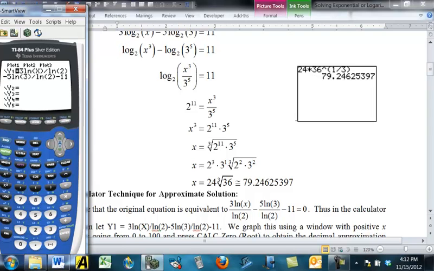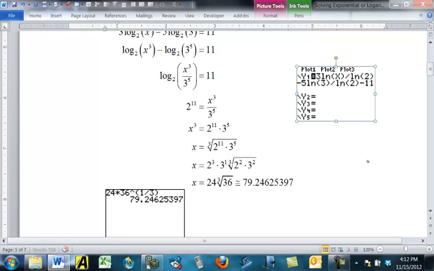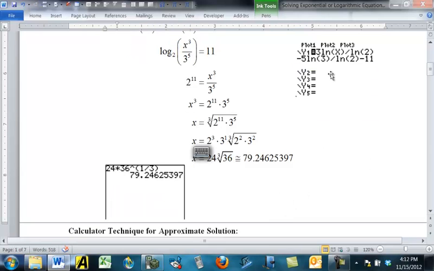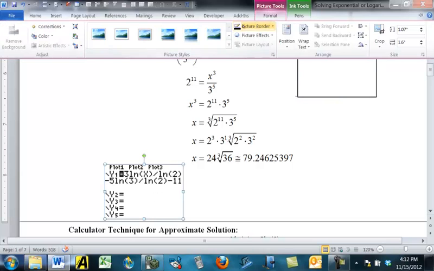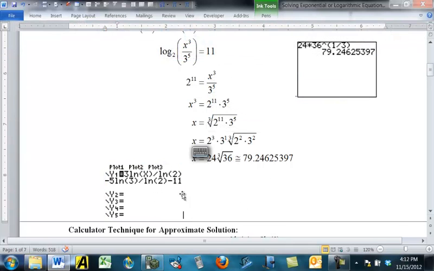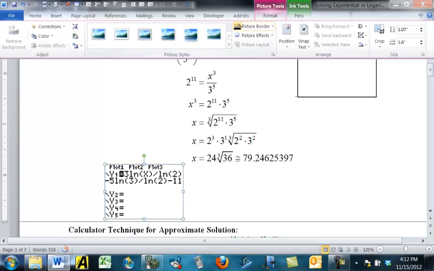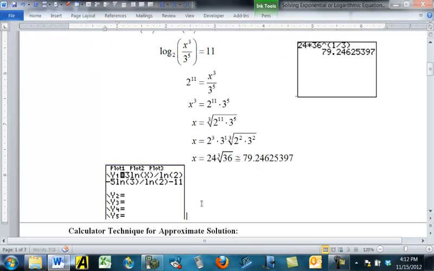Okay, and so that's our expression. Let's go ahead and pull that over here. Alright, so there's our first calculator screen that we're going to have. Clean up the formatting a little bit later.